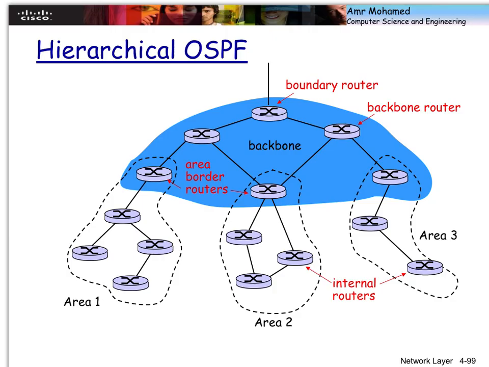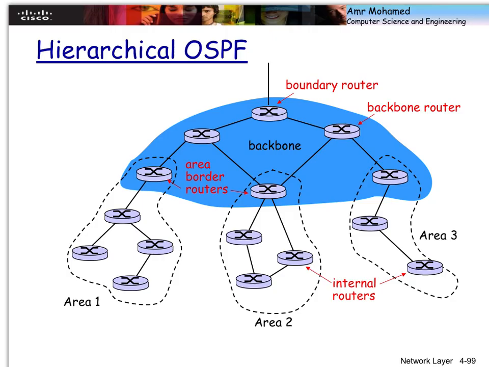So here we have the area border router. The area border router acts like a border gateway router, but within the same autonomous system, to facilitate the interaction between an area and the backbone. And this is the border gateway router that gets me outside of the autonomous system completely.